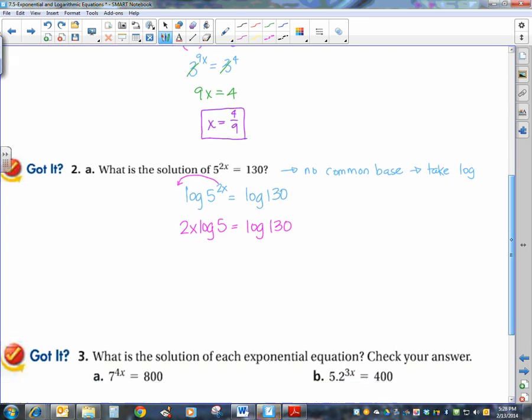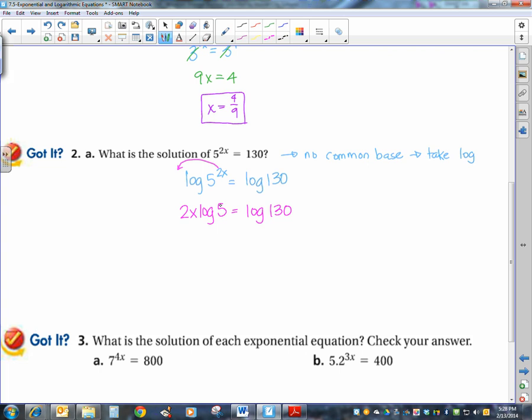Now, I'm trying to solve this for x. That means I need to get rid of everything except for the x. So I'm going to divide both sides of my equation by anything being multiplied by the x, which happens to be 2 log 5. And the log 5's cancel, the 2's cancel, leaving me with x on the left side of my equation.